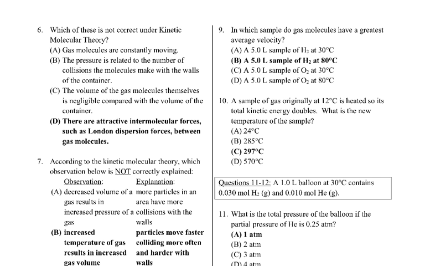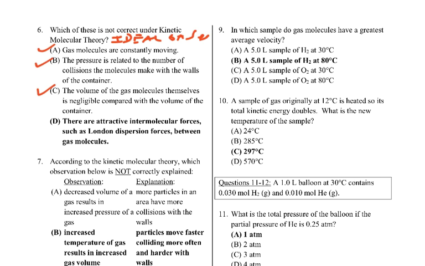Number 6, which of these is not correct under the kinetic molecular theory? And we really ought to say the kinetic molecular theory for ideal gases. Now you can go back to the notes and look things over. A, B, and C are all true. The particles are moving all the time. Pressure has to do with the number of collisions with the walls of the container.